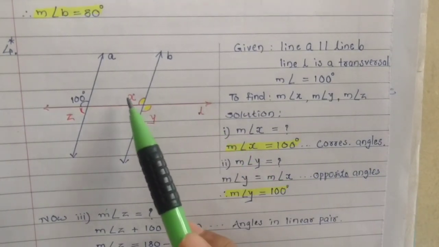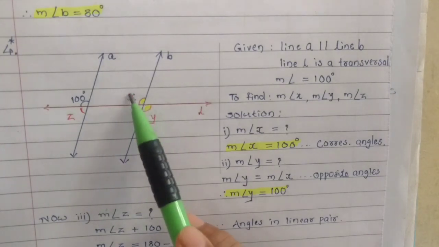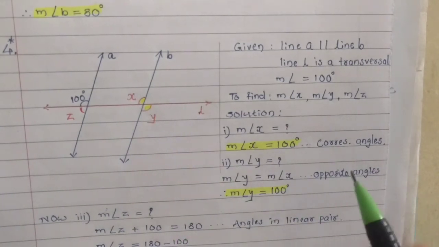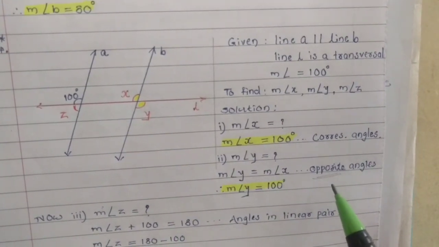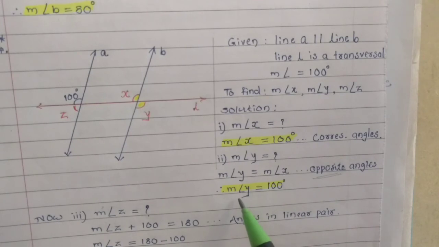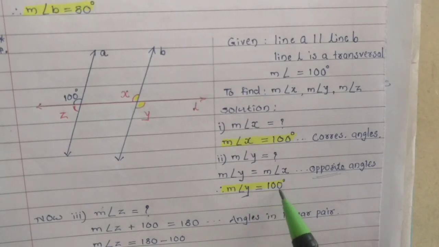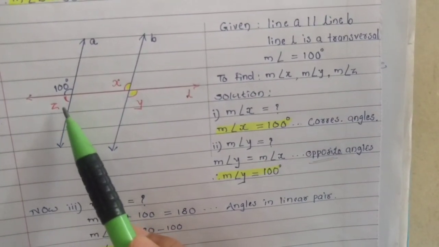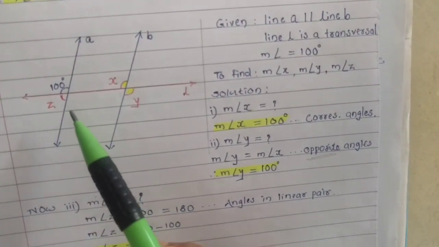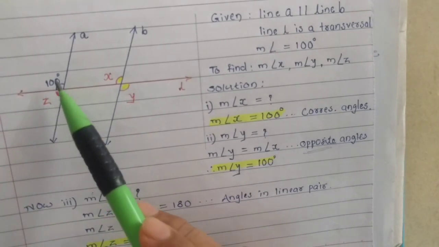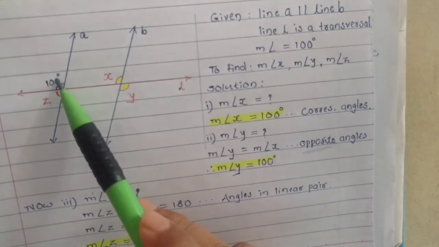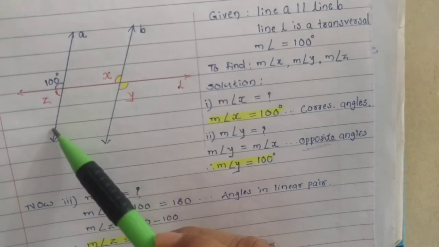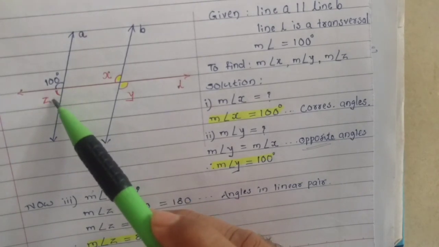Okay. Then X and Y, the relation between them is congruent because both are opposite angles, meaning equal measures. Y is equal to 100 degrees. Now for the third, Z. Angle Z and the 100 degree angle are both on one line and neighboring angles.